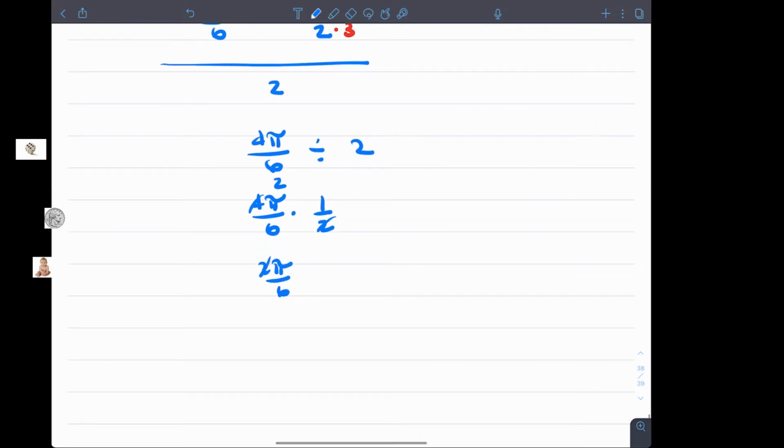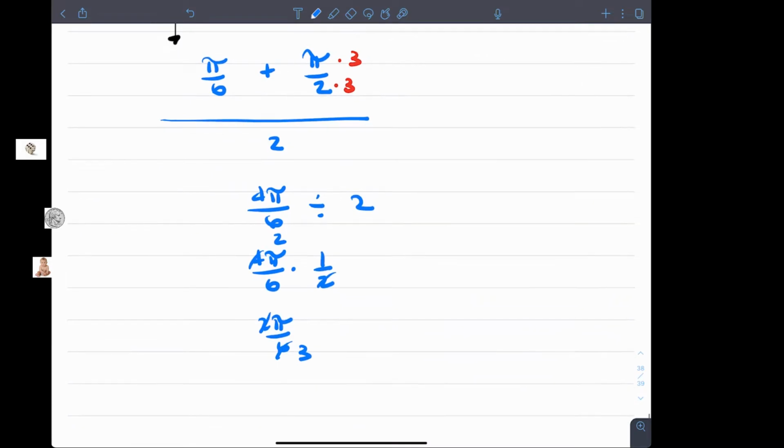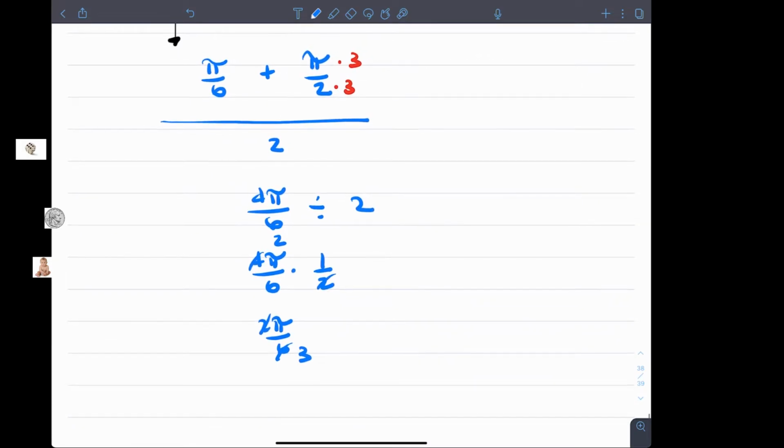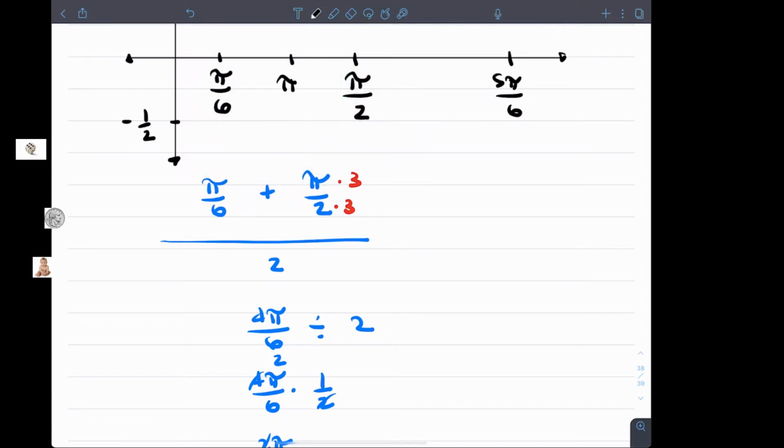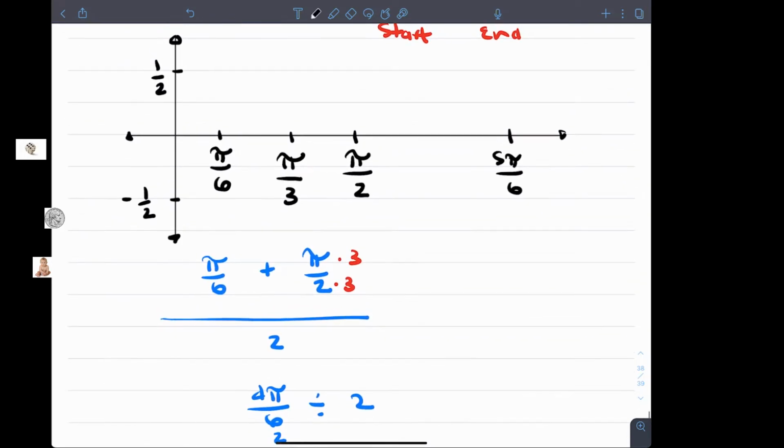You go, but Mr. Judge, I can simplify further. So that's pi over what? Is that pi over 3? Simplifying that fraction, okay, pi over 3. This is a nice one. Has some arithmetic. What about the next one? Pi over 2. 5 pi over 6 divided by what? 2.